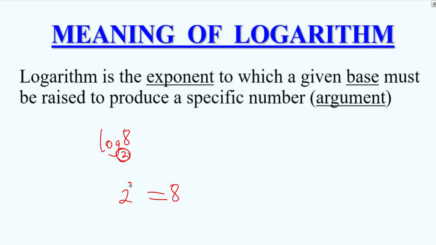We can think of 3, because 2 times 2 times 2 is going to give us 8. And so the answer to logarithm of 8 to the base 2 is 3.